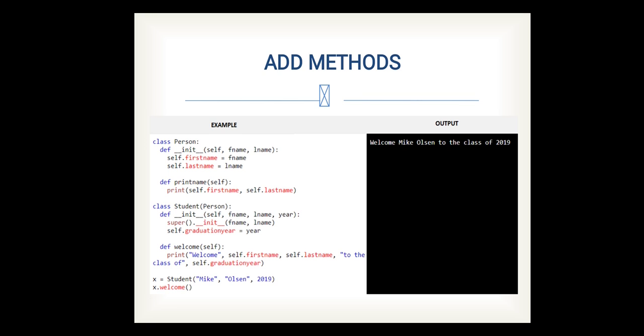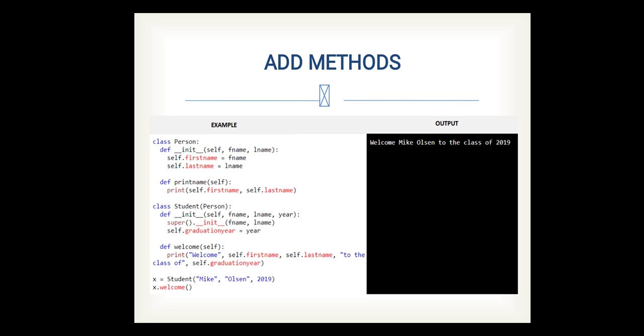When you are creating an object of the child class, that is x, and passing the parameters Mike, Olsen and 2019, here we are adding the graduation year property in the Student class also.